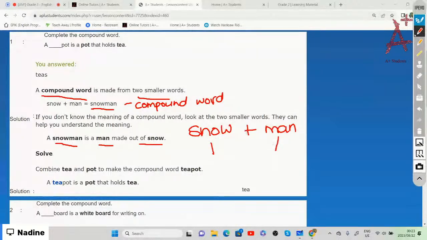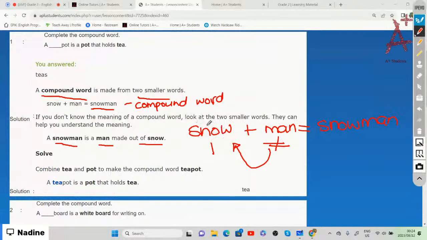If we put these two words together, then we have a snowman, which means that it is basically a man made of snow. It's like an ice man. Ice coming from the sky, ice man, right?